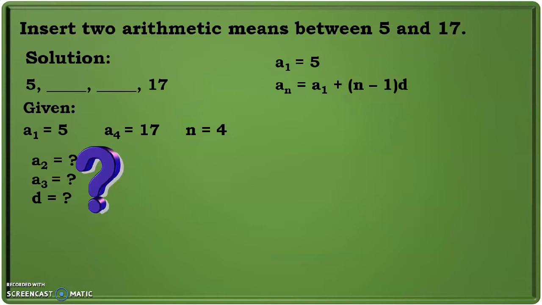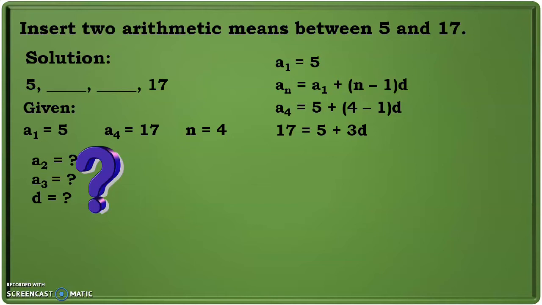Plug in 5. So, a sub 4 is equal to 5 plus 4 minus 1 times d. But a sub 4 is equal to 17, equals 5 plus, 4 minus 1 is 3, times d is 3d.